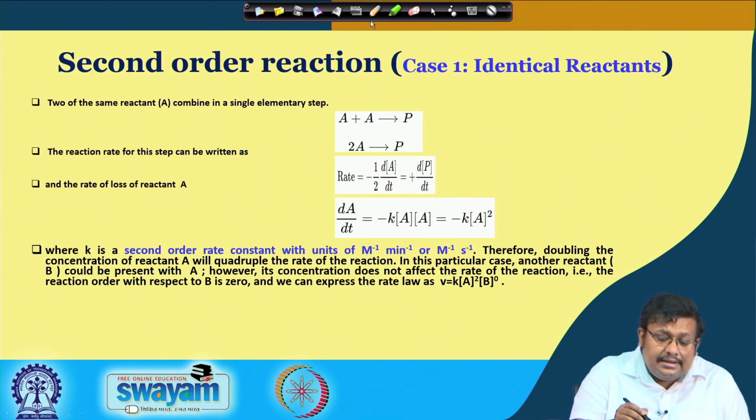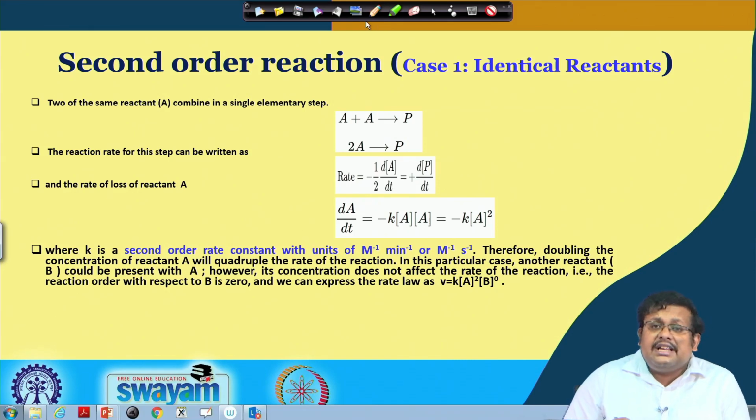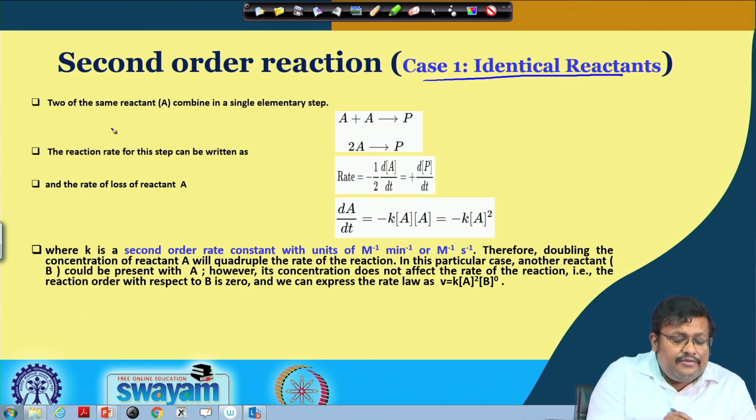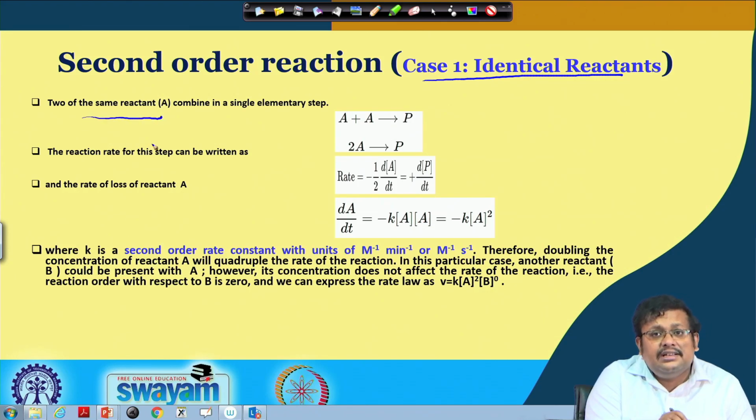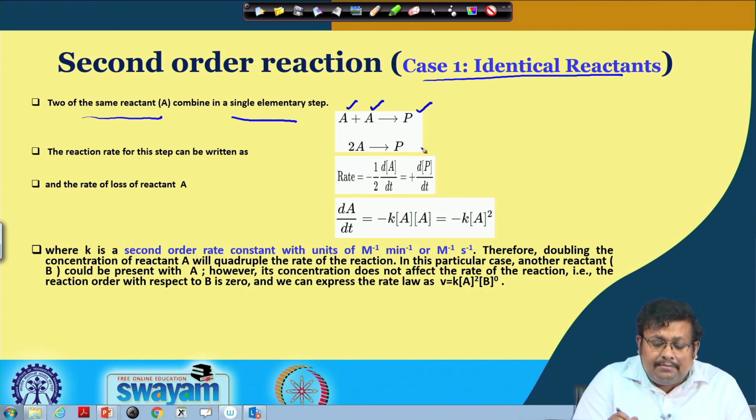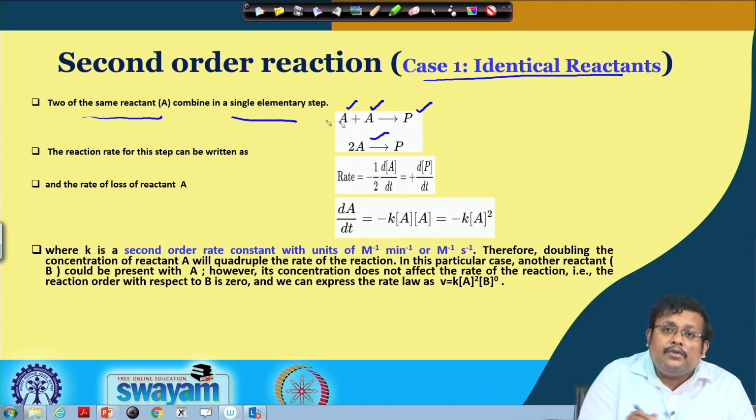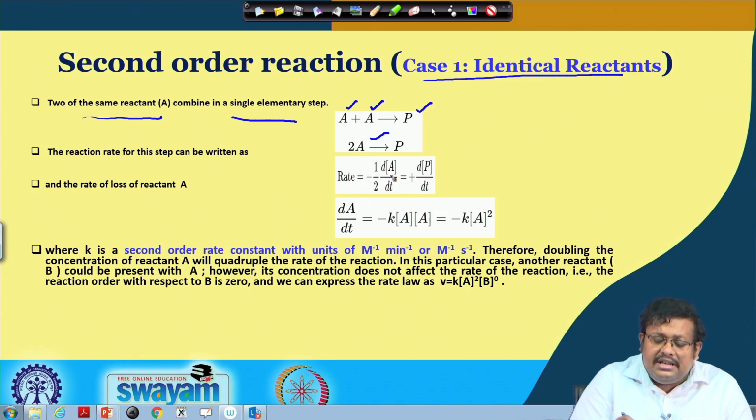Now, let us consider the second order reaction for case 1 where the reactants are identical. If we consider two of the same reactant, both of them A, combined in a single elementary step, A when combined with another A will ultimately give P. So, basically 2A gives P. The reaction rate for this step can be written as minus half dA by dt equal to plus dP by dt.